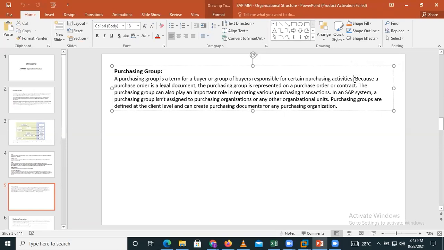Because a purchase order is a legal document, the purchasing group is represented on a purchase order or contract. The purchasing group can also play a role in reporting various purchasing transactions. In SAP, a purchasing group is not assigned to the purchasing organization or any other organization units. Purchasing groups are defined at client level and can create purchasing documents for any purchasing organization.